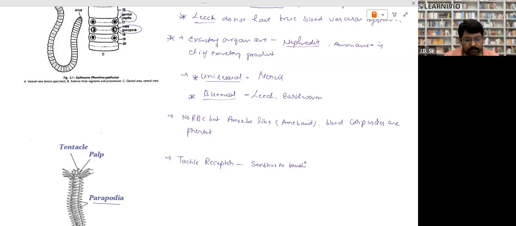Next point. They are both unisexual as well as bisexual. Now write down these examples: unisexual Nereis, bisexual leech and earthworm. That is very important.